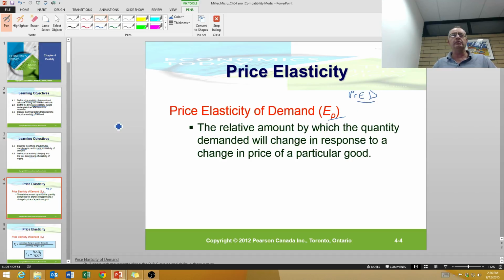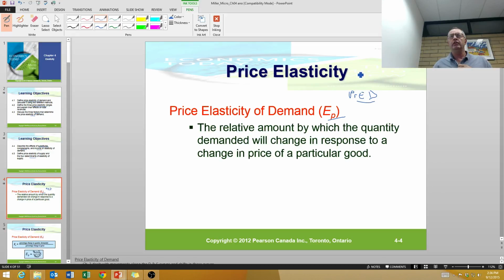Okay, so the concept of elasticity in economics, whether we're talking about demand or supply, refers to the rate of change in the quantity demanded or supplied due to a change in the price.